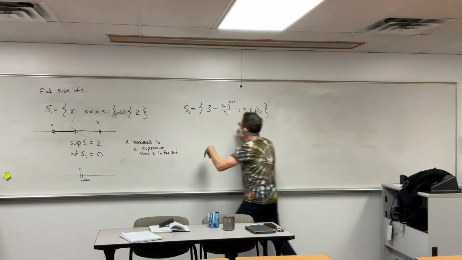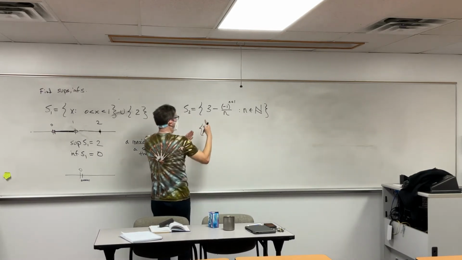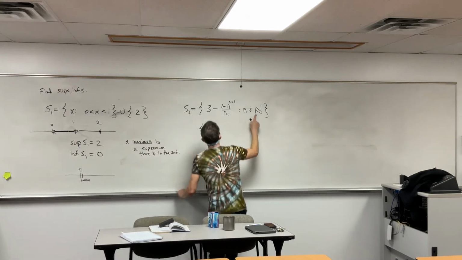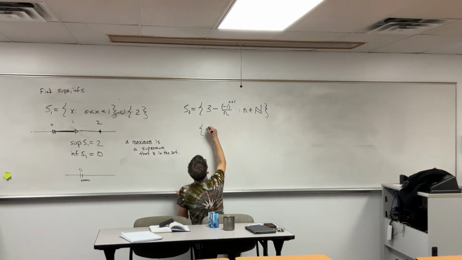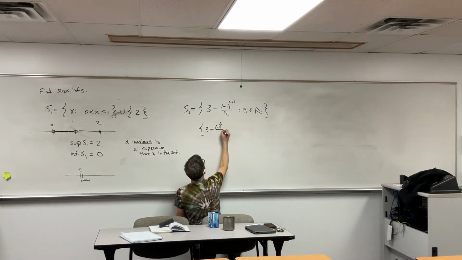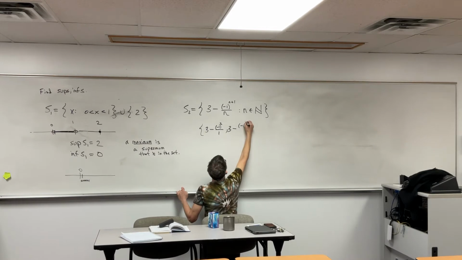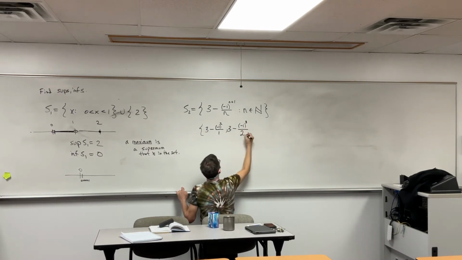So one thing that might help is to actually enumerate this set, to kind of just list it out. So when n equals 1, I'm going to do it slowly here, right? So I'm going to get 3 minus -1 squared over 1, 3 minus -1 when n is 2, cubed over 2.